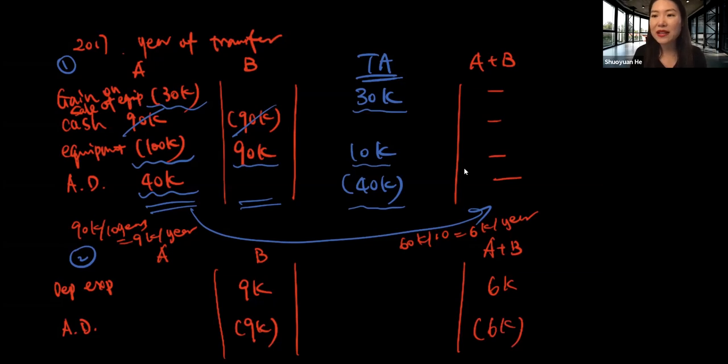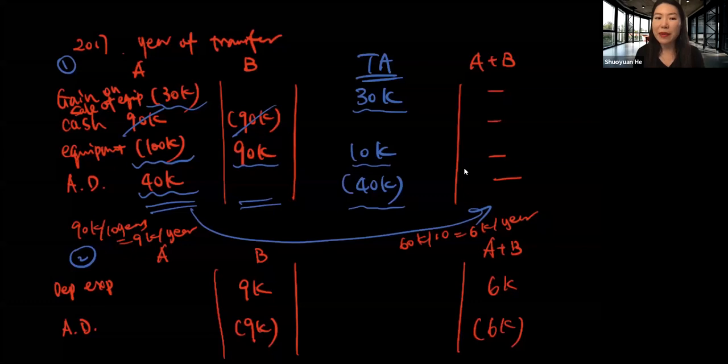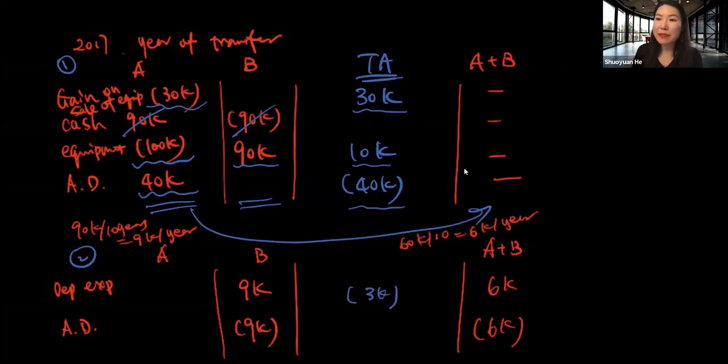And as you can see here, because of the sale of this equipment, the depreciation expense is overstated by 3,000, and we need to mark it down by 3,000. And the accumulative depreciation is overstated by 3,000. We need to mark it down as well by 3,000 by debiting. And this entry is our ED entry. So this is what we do in the year 2017.